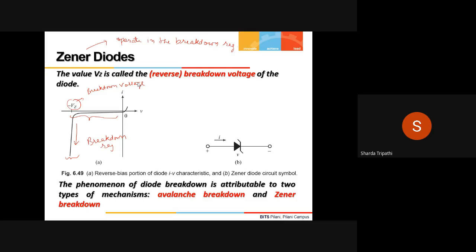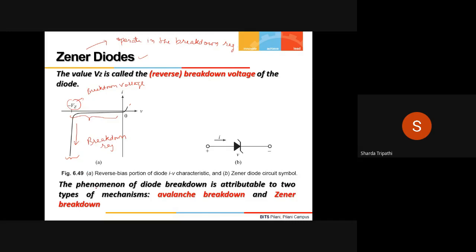The first thing is that very large reverse current will flow, and secondly, when very large reverse current is flowing, the voltage across the diode will remain pretty much constant at the value equal to the breakdown voltage of the diode. So in this part, we have to analyze the circuits where we are using Zener diodes in place of the normal diodes. So before we start with the analysis, let us first briefly see how this breakdown happens.